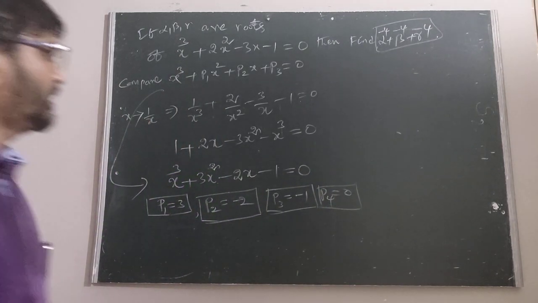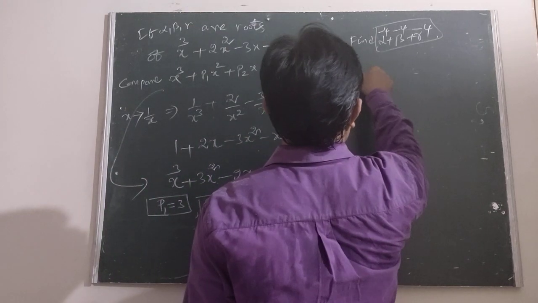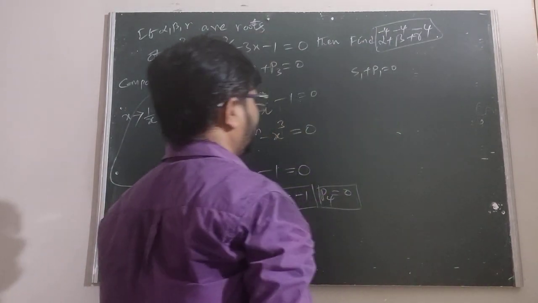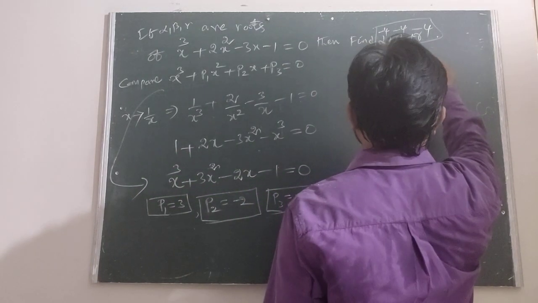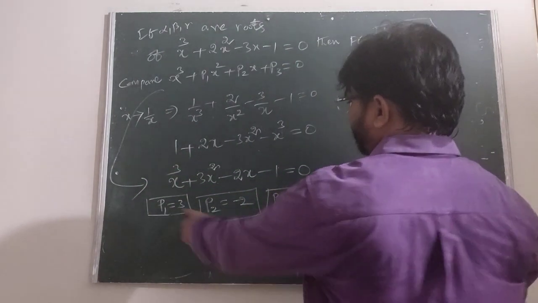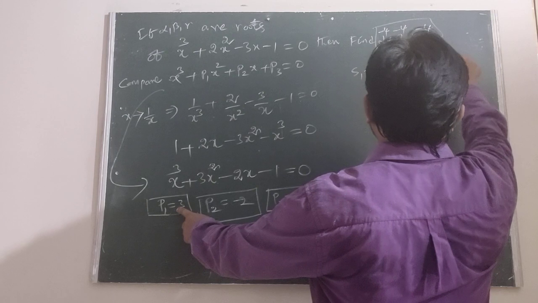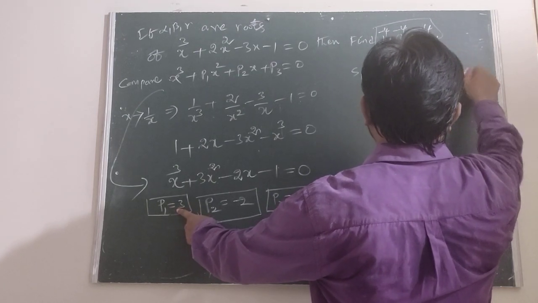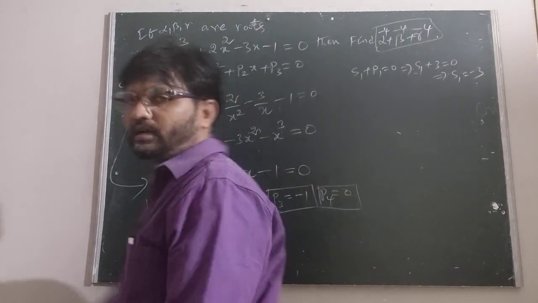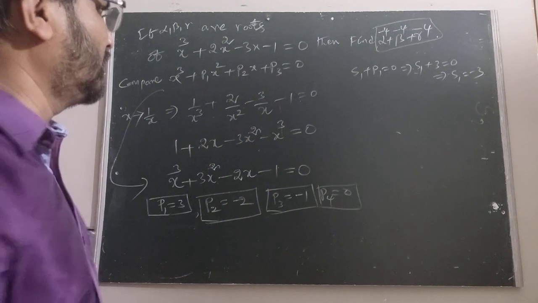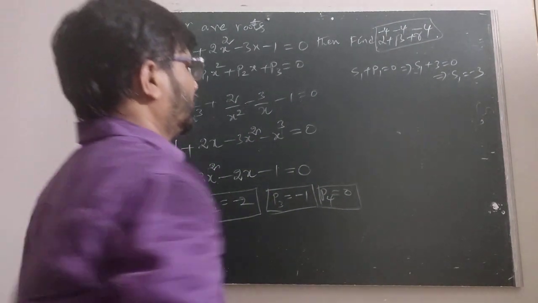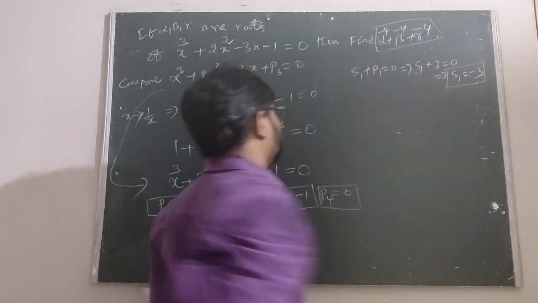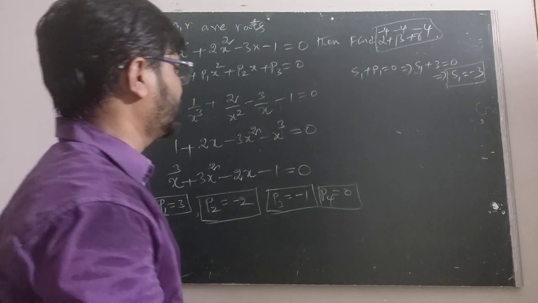Now we find S1. S1 plus p1 equal to 0. That implies S1 plus 3, now we get the value S1 equal to minus 3. S1 is minus 3.